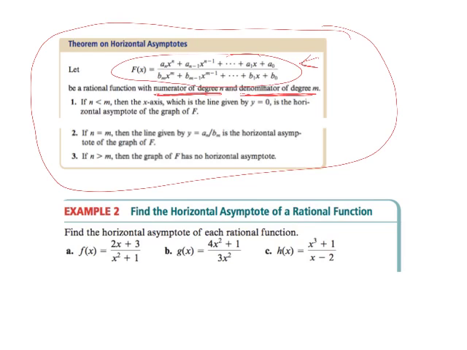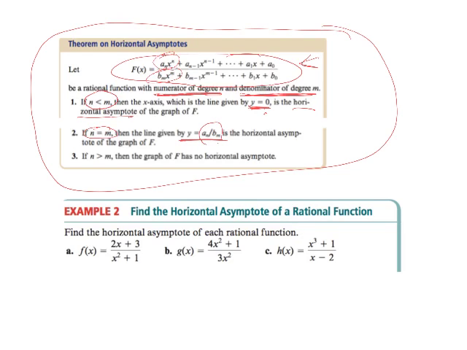Alright, so my first rule says that if n, which is the degree of the numerator, is smaller than the degree of the denominator, then the x-axis, which is the line given by y equals 0, is the horizontal asymptote. If the degrees are equal to each other, then the line given by y equals a sub n over b sub m.